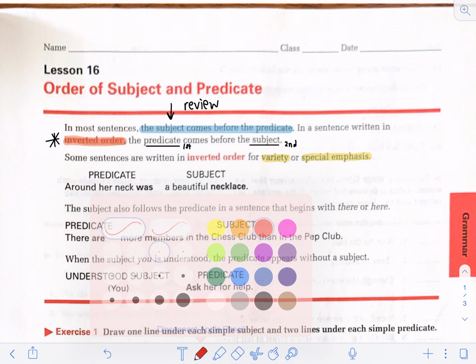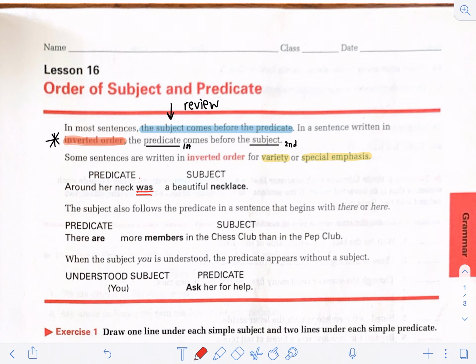Here we have our linking verb was, which is acting as our main verb, and we have necklace being the subject.